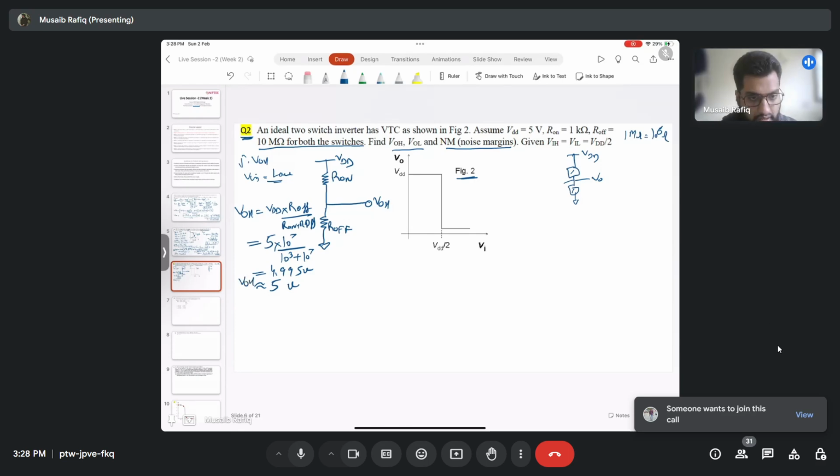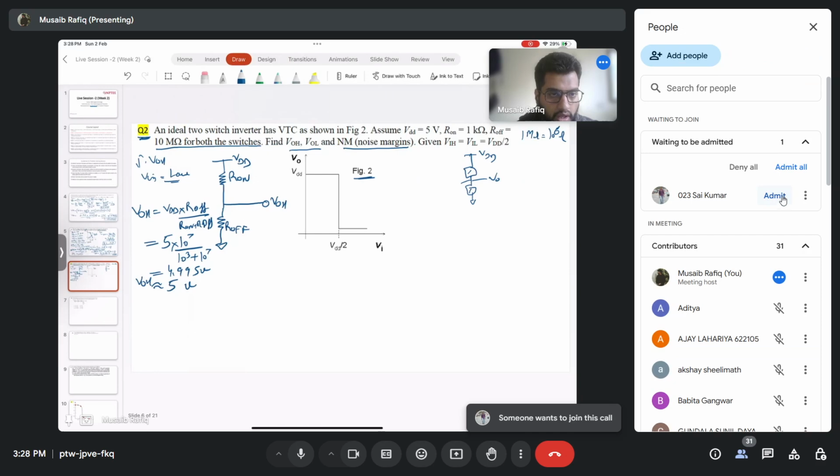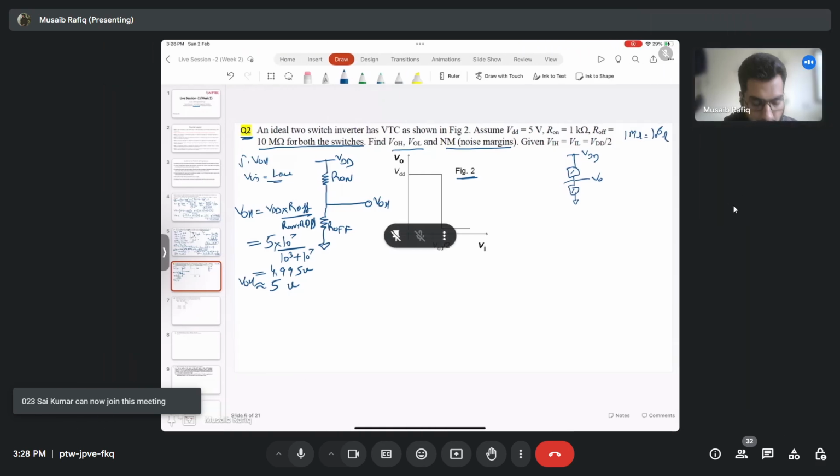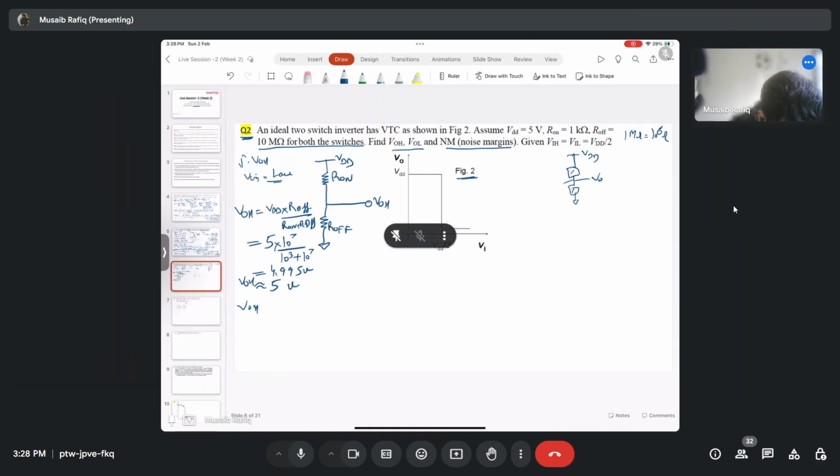Now what we need to find is VOL. VOL will be there when the input is very high. That gives us the condition where my pull up network is off and my pull down network is on, and this here will be VOL.